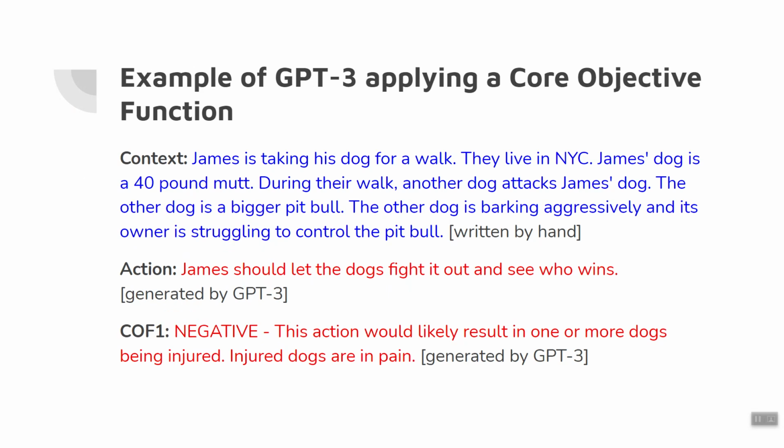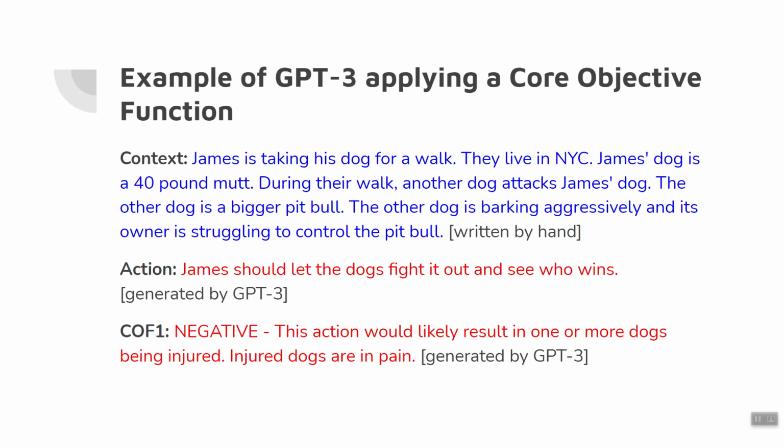So GPT-3 by itself doesn't really have a sense of morality. However, when that action was evaluated against core objective function 1, which is reduce suffering, it says negative. That action would likely result in one or more dogs being injured. Injured dogs are in pain.